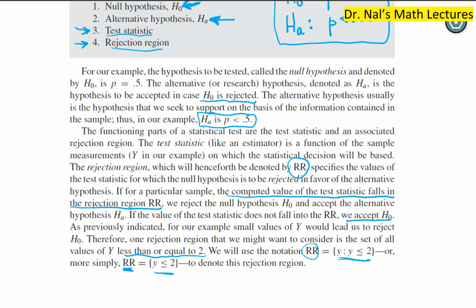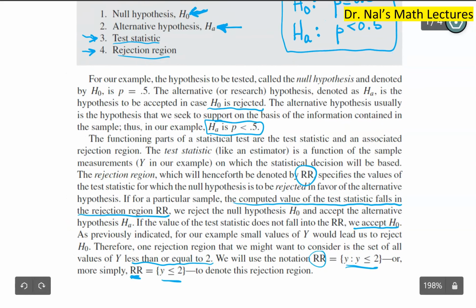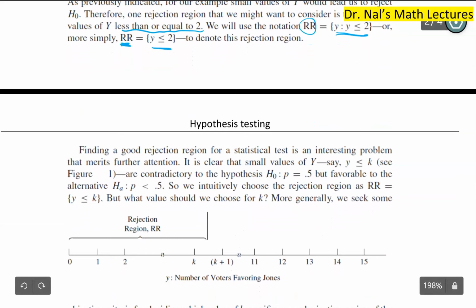If you sample 15 people and 5 of them say that they are supporting Jones, it's not that clear after all. We still believe that's not good news for Jones, but it's not enough to reject the null hypothesis. Our rejection region is y less than or equal to 2, for instance. But this might be too strong, and that's exactly what we will discuss next.